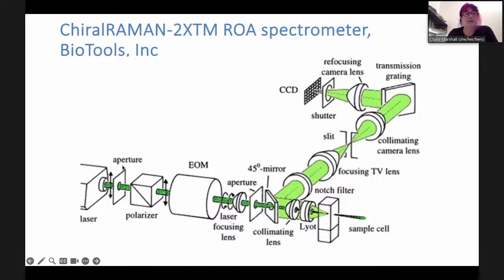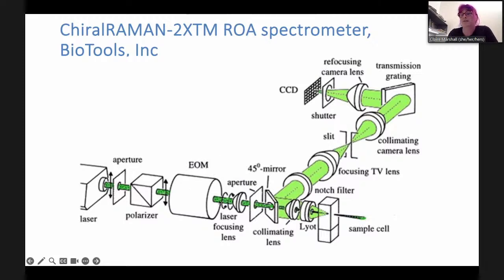Basically this current system is built on an unpolarized laser, which then goes through a polarizer, and then you circularly polarize left and right-handed light in this electro-optic modulator.